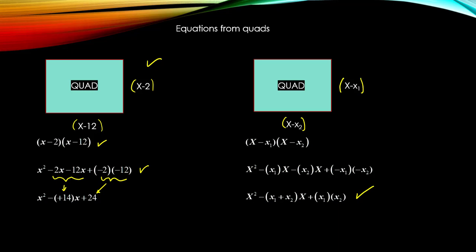The critical point in looking at these equations is that this term here is the sum of x1 and x2, while this term is the product of x1 and x2. At the end of the day, what we're really looking for whenever we have a specific equation is to determine the values of x1 and x2.